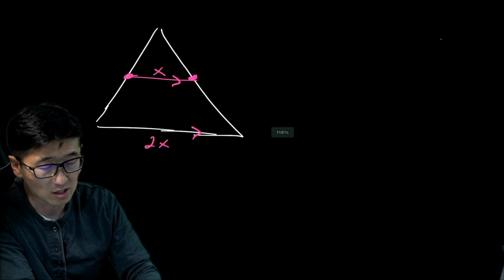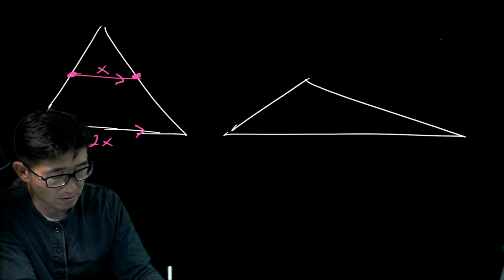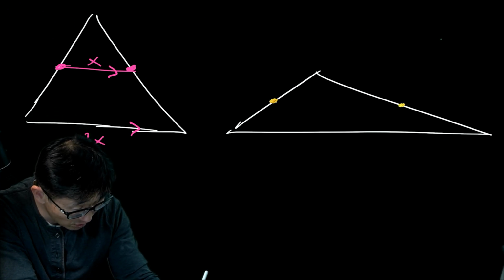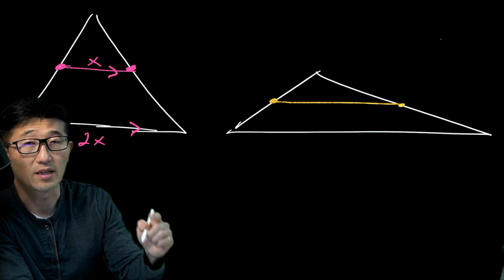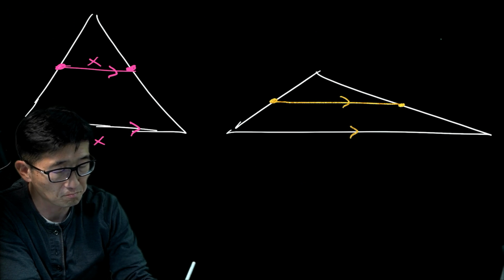It always happens. It doesn't matter what kind of triangle you're using. It can look something like this. It's quite amazing. You take half of that and half of this, and if you connect it, that gold line is half of the base, and it's also parallel.